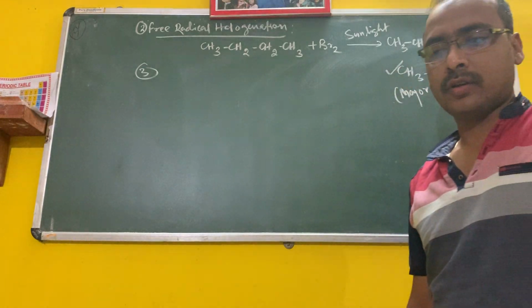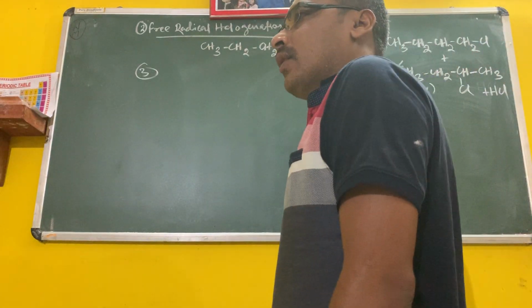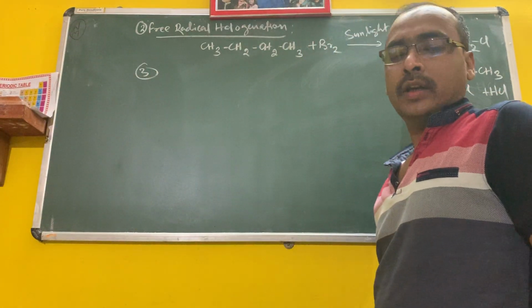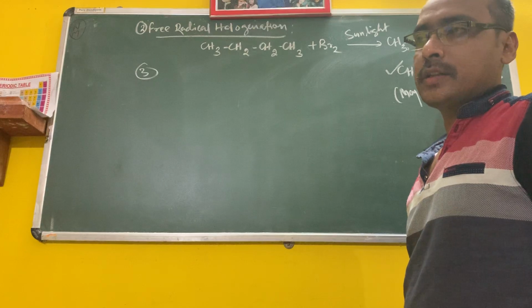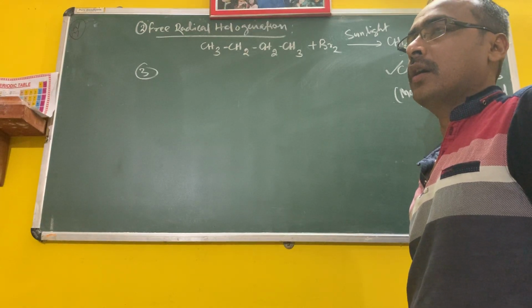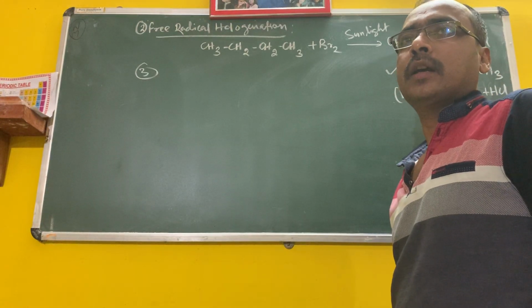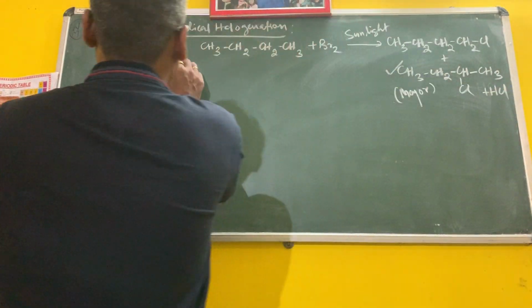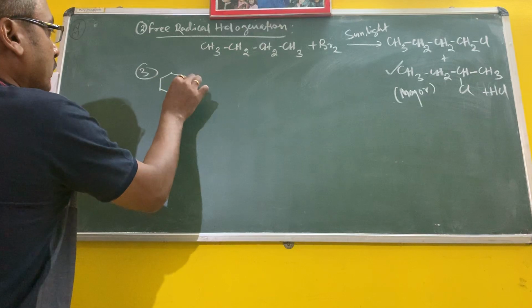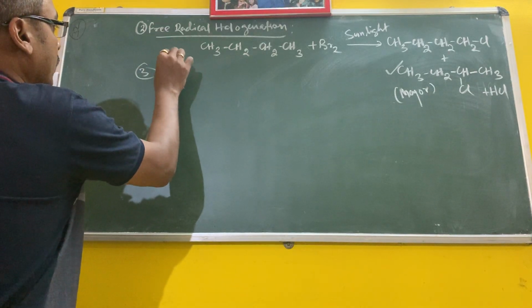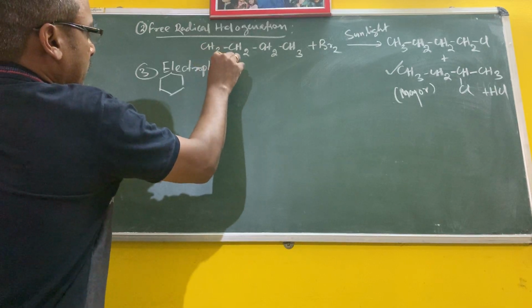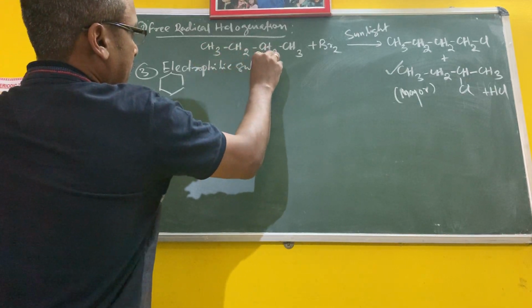Electrophilic substitution reaction, in class 11 also you have read. Electrophilic substitution reaction means an electrophile substitutes another group. This is in presence of FeCl3 or AlCl3. These are Lewis acids. FeCl3, ferric chloride, and that is electrophilic substitution.